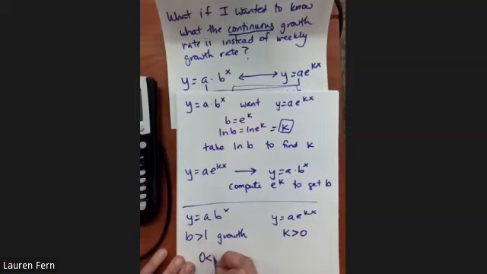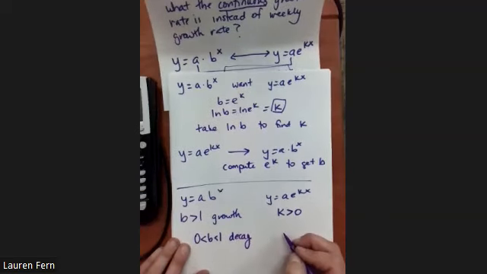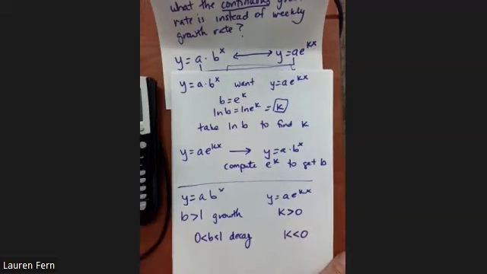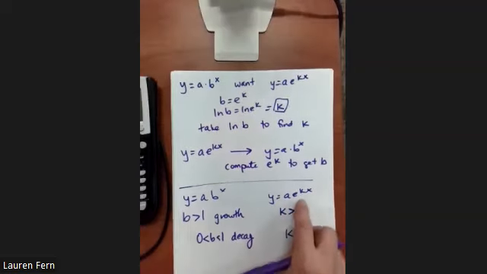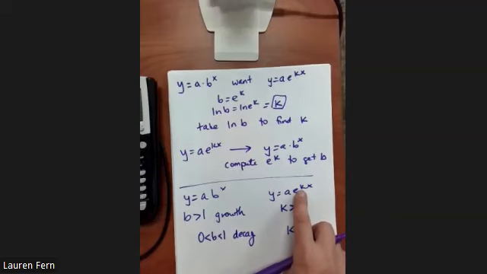We know if b is between 0 and 1, we have decay. And what you're going to see then is that you're going to have a negative value for k. So when it's written in this form, you know whether it's growing or decaying by the sign of your exponent.